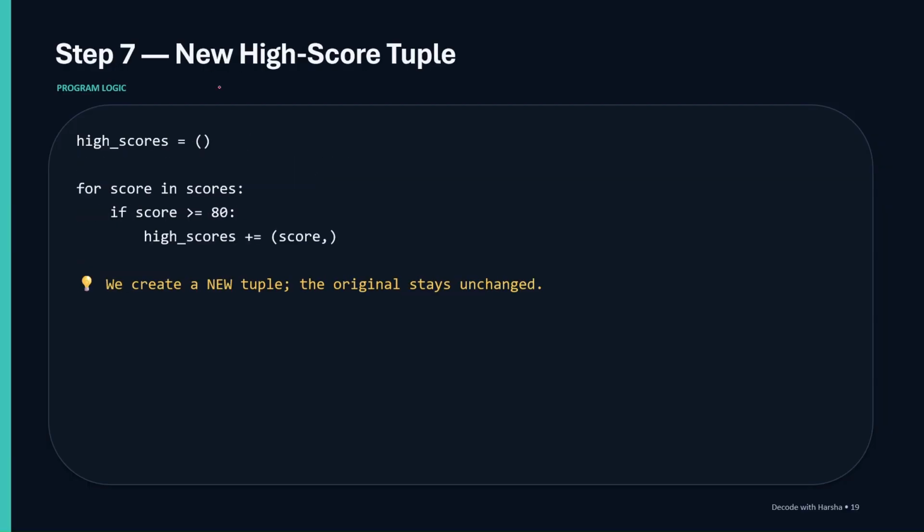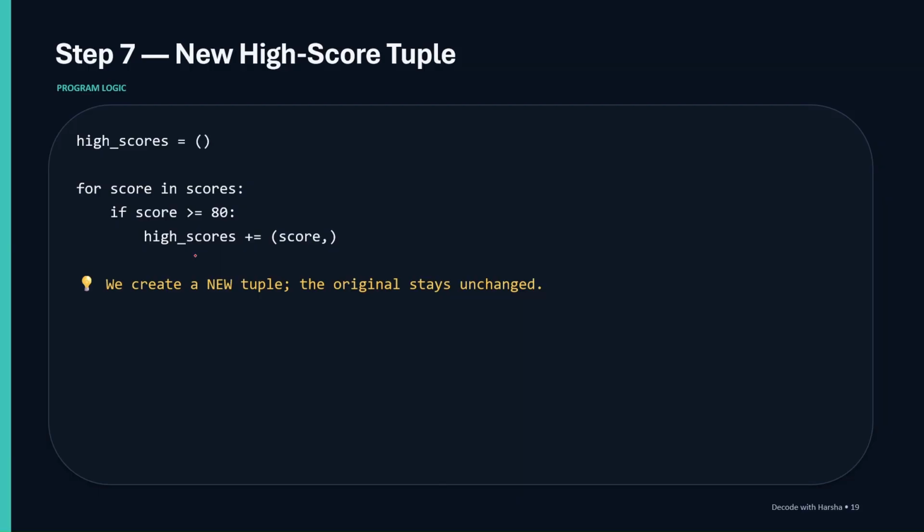Here what we are doing is we are creating a new tuple and we are going to store the values. So here we are creating a variable named high_scores equal to open parenthesis. Okay, it's an empty tuple we are creating. Then using a for loop, we are going to store each and every value into this tuple. So if score is greater than or equal to 80, whatever scores are greater than or equal to 80 will get stored in this empty tuple.